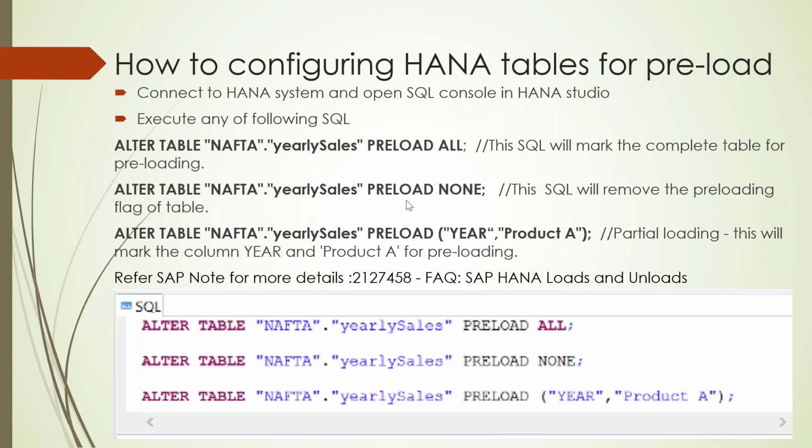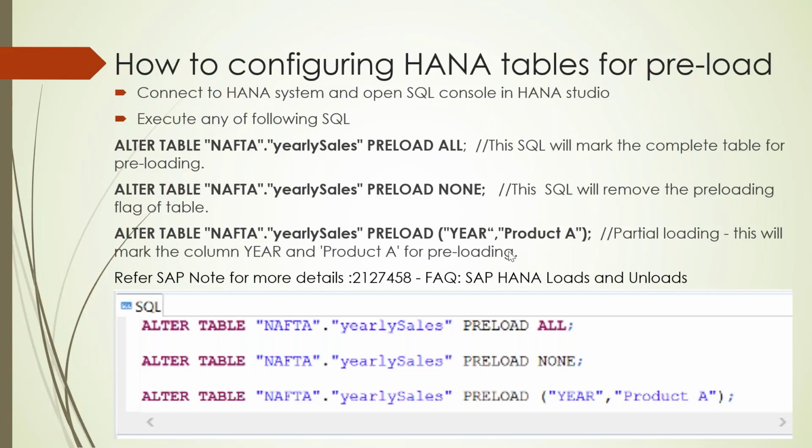If you want to unset the preloading flag, then just execute ALTER TABLE schema name.yearly_sales PRELOAD NONE. This will remove the preloading flag of the table, and this table will be loaded using the lazy loading method. You can mark some tables for partial loading, like columns.